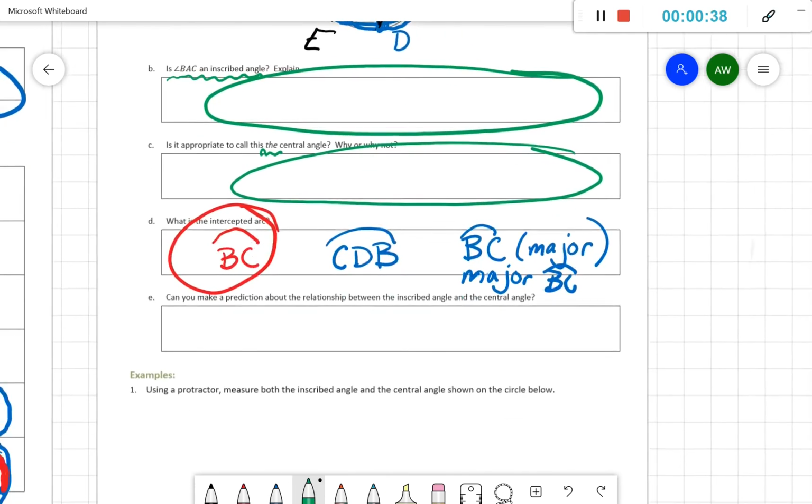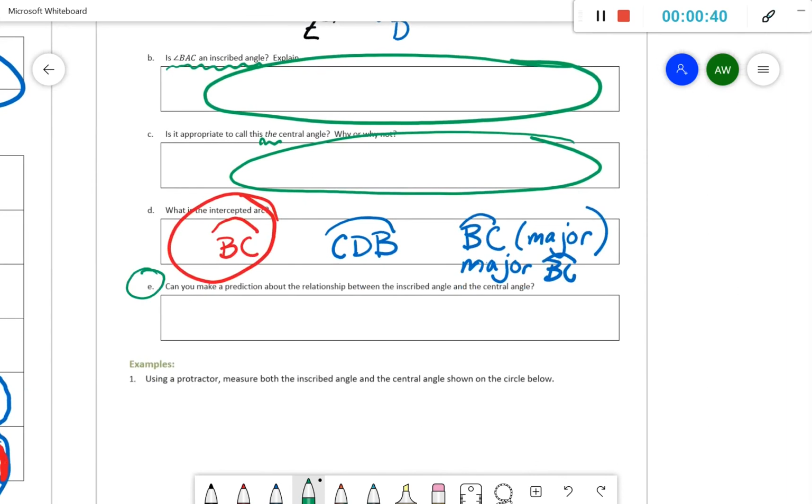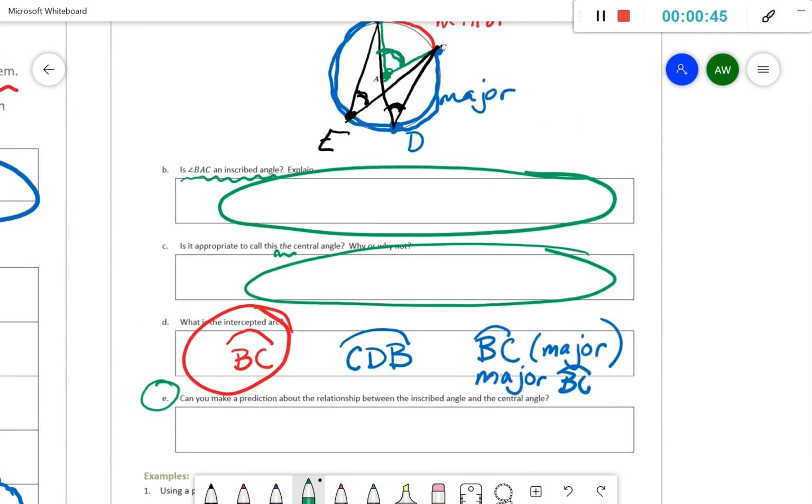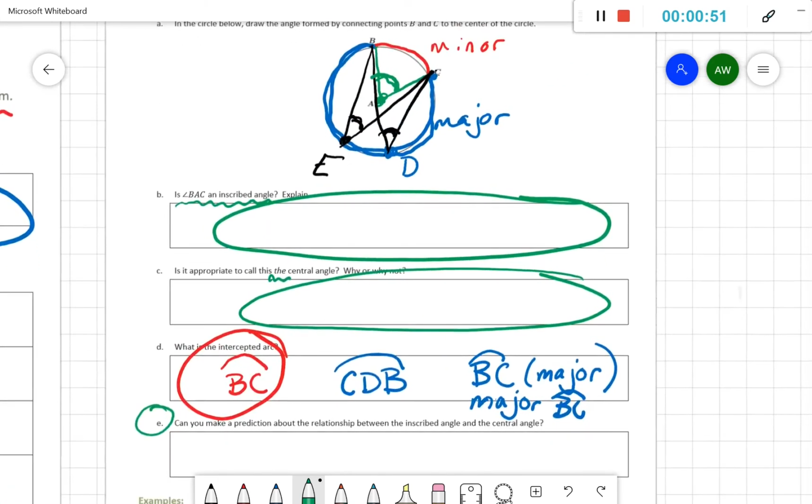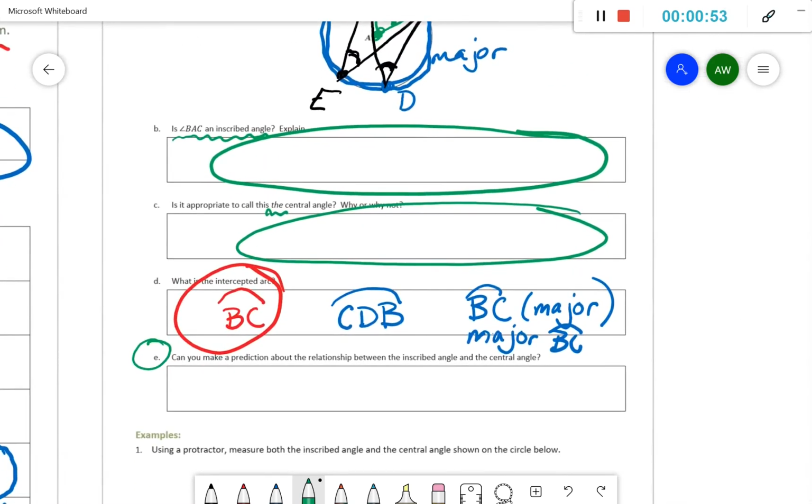So in part E, I'd like you to pause this video and compare the inscribed angles, the black angles that included points E and D, and the central angle, which is that green angle. Which one do you think is bigger, and why do you think that? Write it in this box here.